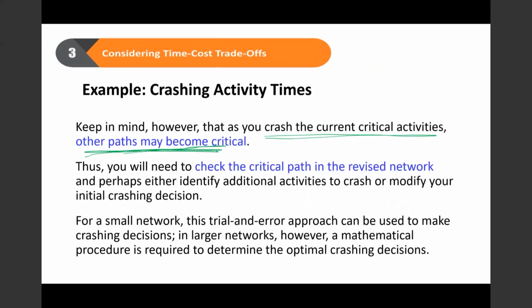So what you will need to do when you're crashing activity time is to check the paths of your network constantly. Consistently pay attention to which activity you are actually crashing and how it could potentially change the time of the path within your network.